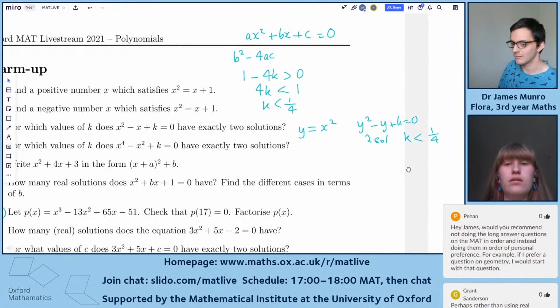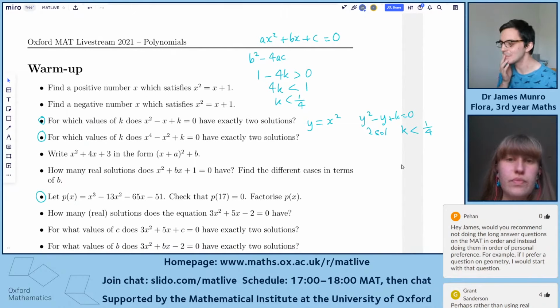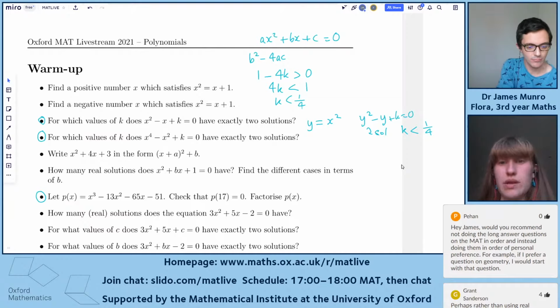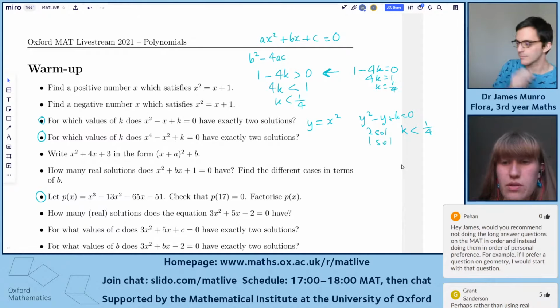And if we wanted exactly one solution, we would go back up here and think, okay, you would have 1 minus 4k equal to 0. So then you would have 4k equals 1 and k equals a quarter. So for one solution, you'd have k equals a quarter.